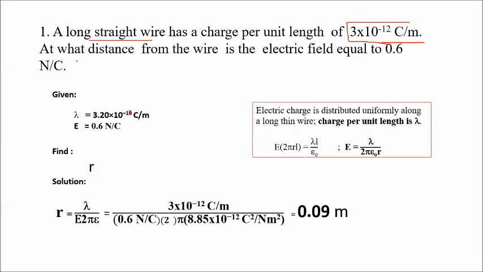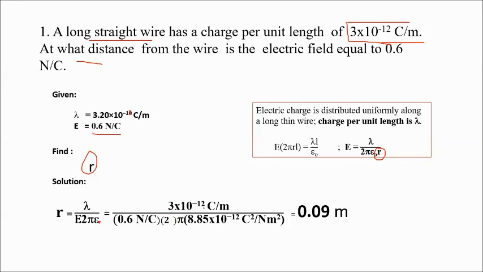At what distance? At what distances are unknown when the electric field is 0.6 newtons per coulomb. Simply find R. Now, using the formula, R is lambda divided by electric field divided by 2 divided by pi divided by epsilon naught. So next is to plug in the given quantities.